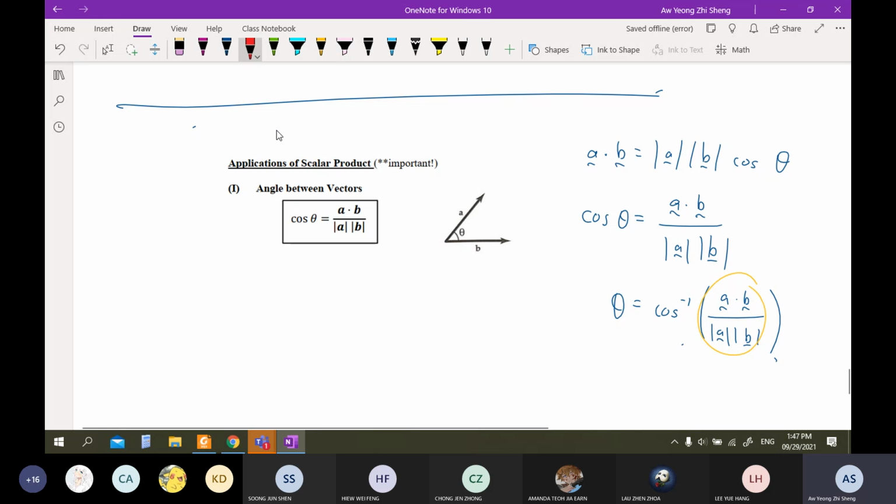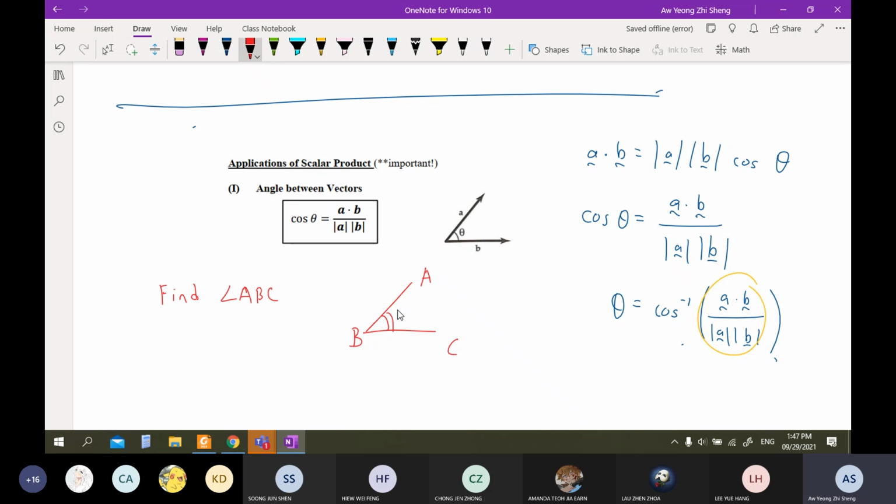Okay. Also, in an exam question, if the angle has a name, then you don't have to use theta. So for example, if the question asks you to find angle ABC, a simple visualization, angle ABC will be this one here.